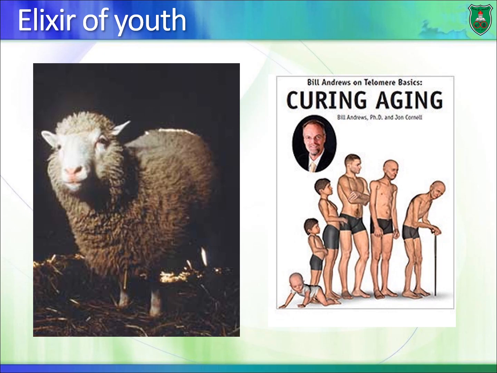And why is that? Because the DNA that was used to clone Dolly was 5 years old. That is, it was taken from a sheep that was 5 years old. So even though Dolly was 1 day old when she was born, her DNA was 5 years old, and that's why she aged quickly and she died early as well.